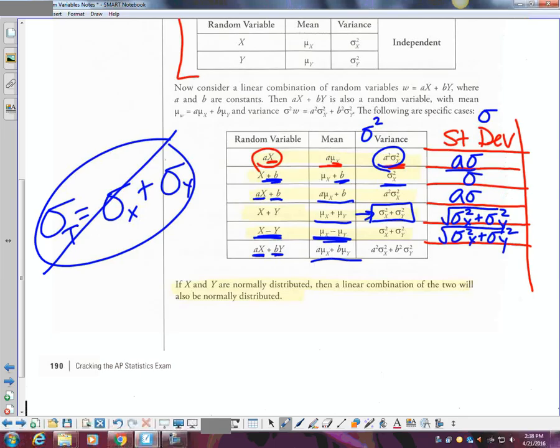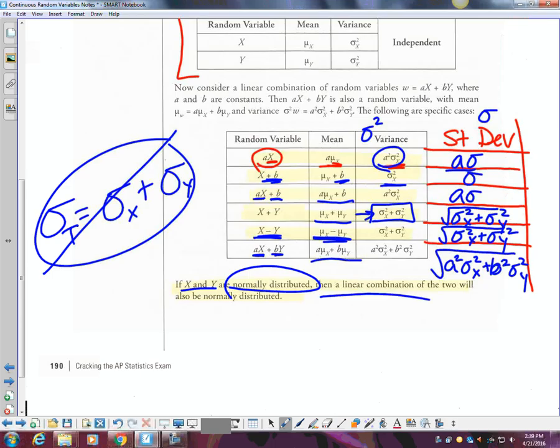No. So this is the square root of a squared sigma squared x plus b squared sigma squared y. And then this nice little footnote, if x and y are normally distributed, then any linear combination of the two of them, whether you want to add them or subtract them, that distribution is also normal.